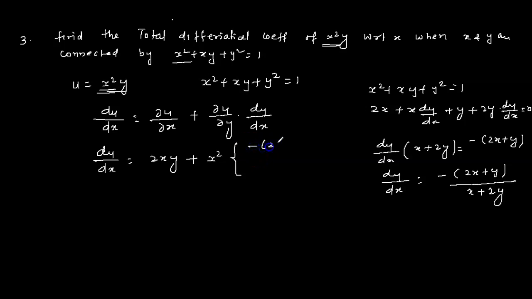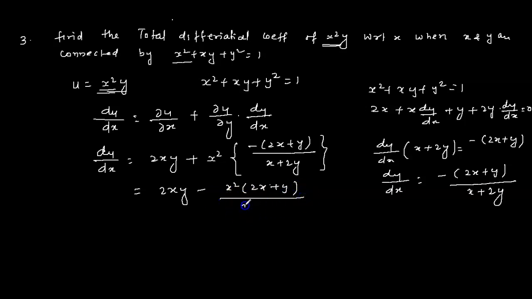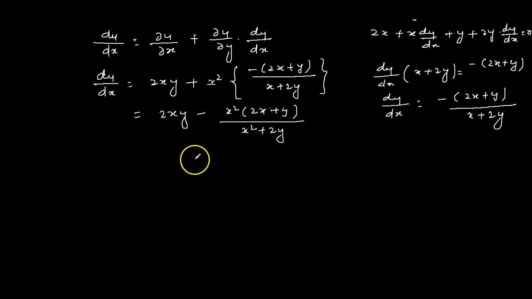So minus 2x plus y divided by x plus 2y. So 2xy, this one plus, minus minus here, this is x square times 2x plus y divided by x plus 2y. Now if you take the LCM and simplify further, you can write here, this is x plus 2y.